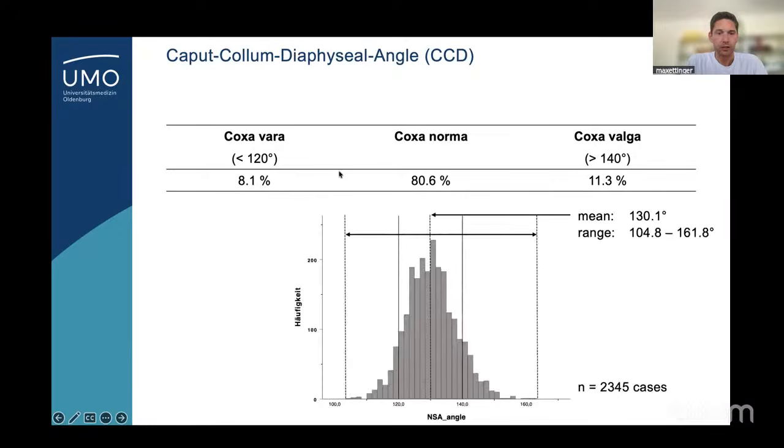When you look at the distribution, here we analyzed about 2,500 cases. You will see that basically the CCD has a mean of 130.1 degrees in a Caucasian mid-European cohort, and we have a wide range from supravarus to supravalgus.